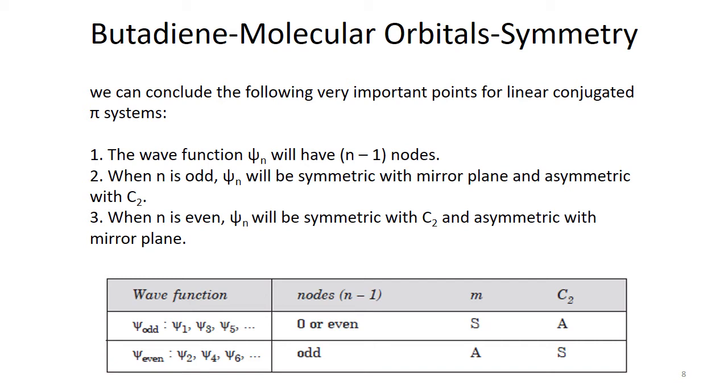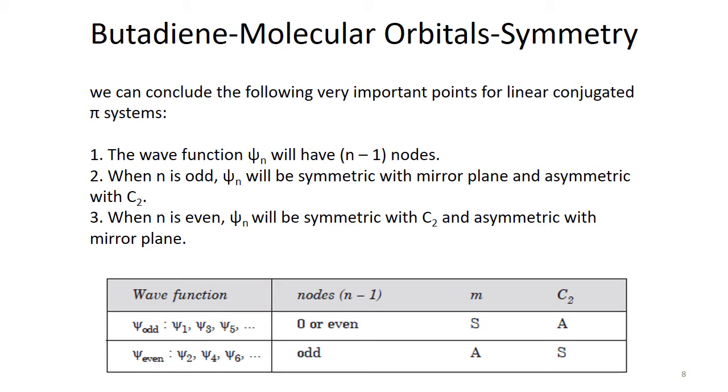After carrying out all these operations, they reached a conclusion: the wave function depends on the number of nodes, which have a very important role in deciding the energy, and also decide the symmetry operations.